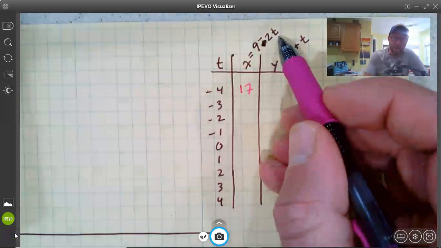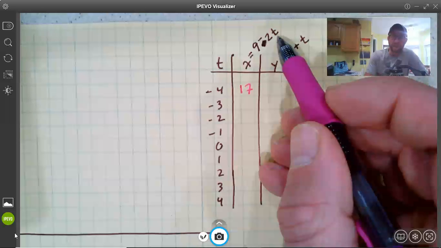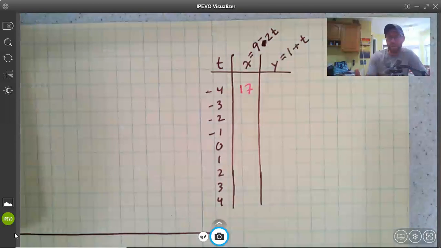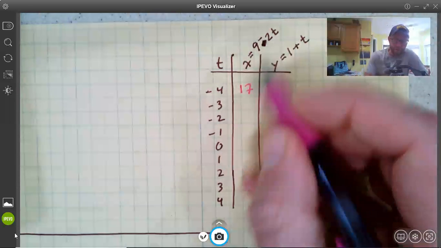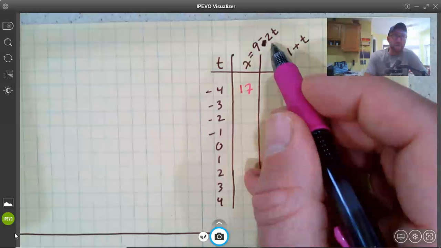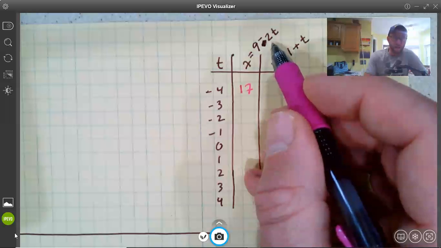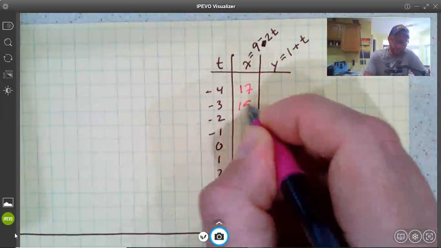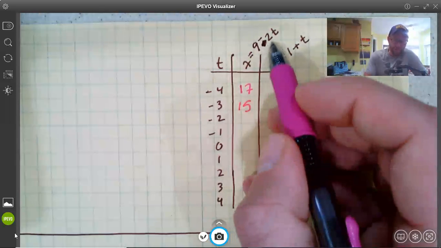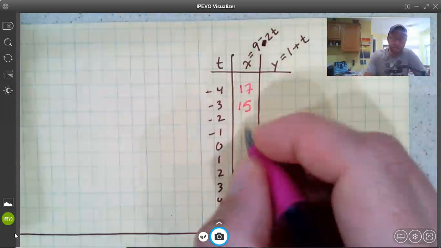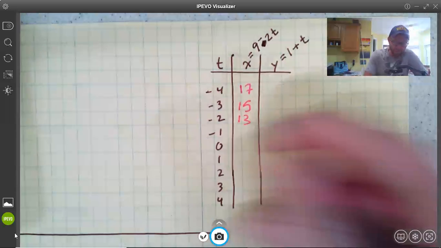I'm plugging in -4 for t. 2 times -4 is -8, and 9 minus a -8 is a positive 17. So -3 times 2 would be -6, and 9 minus a -6 would be 15. For -2, 2 times -2 is -4. 9 minus a -4 is 13.